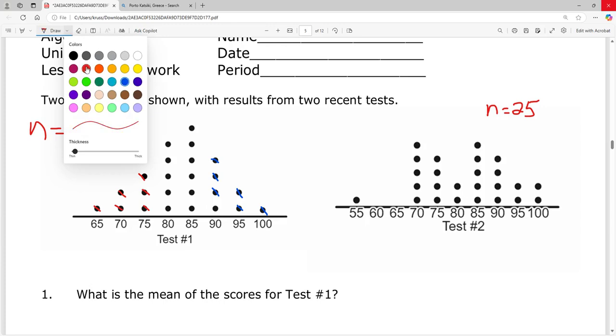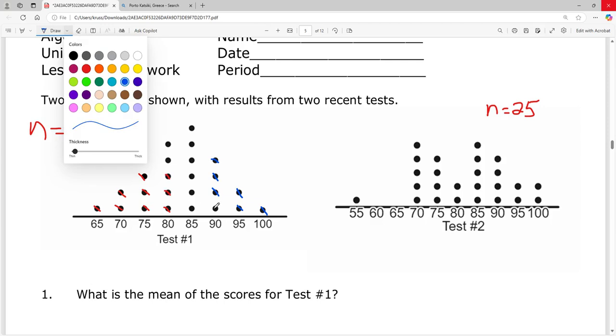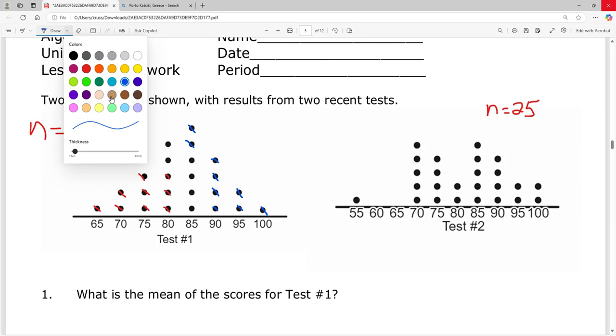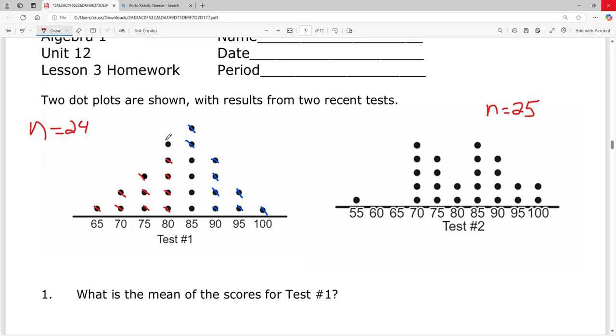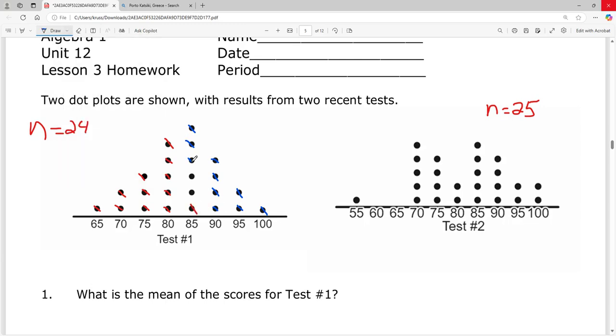All right, let's go from here, and we're going to go off the bottom. 1, 2, 3. And let's take 3 off the top. 1, 2, 3. And then let's do 1, 2, 3 off the bottom. And then 1, 2, 3 off the top.